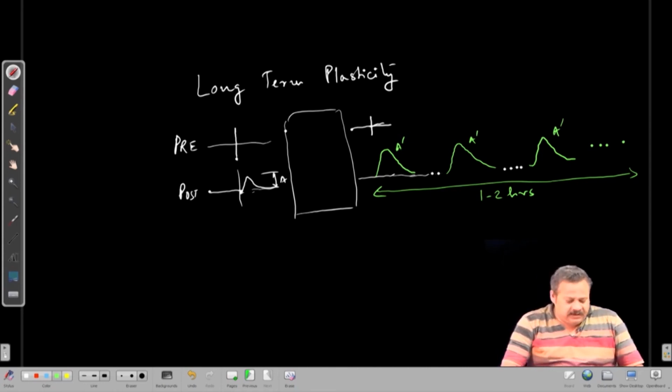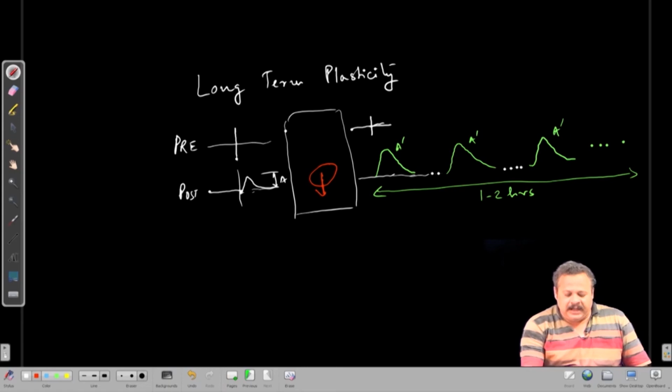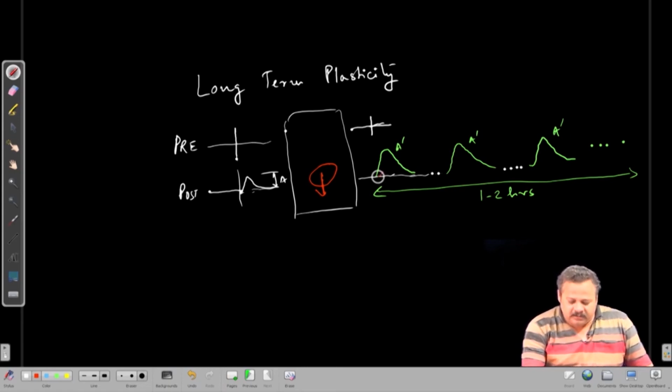And similarly, with that same other manipulation in this period, we can get a depression of synaptic strength. So, this is, let us say, A double prime.